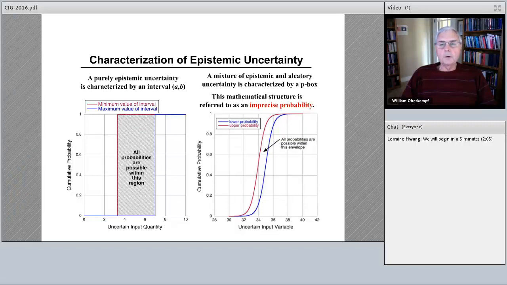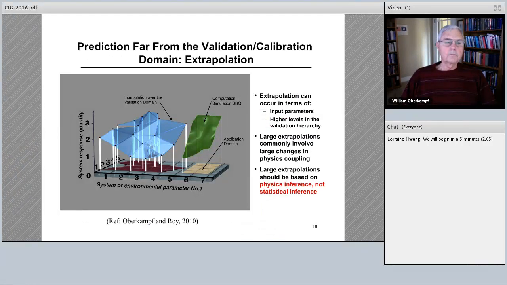If you put a uniform distribution on that, you will of course have a single uniform distribution CDF. So this is a much looser structure to better represent epistemic uncertainty.